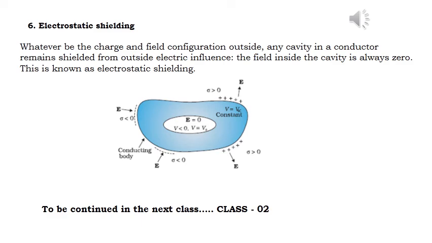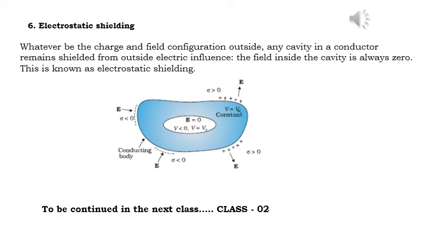So look at the figure given. The middle shows a cavity in the conductor. In the cavity, E vector equals 0. So the potential inside is the same as V on the surface.